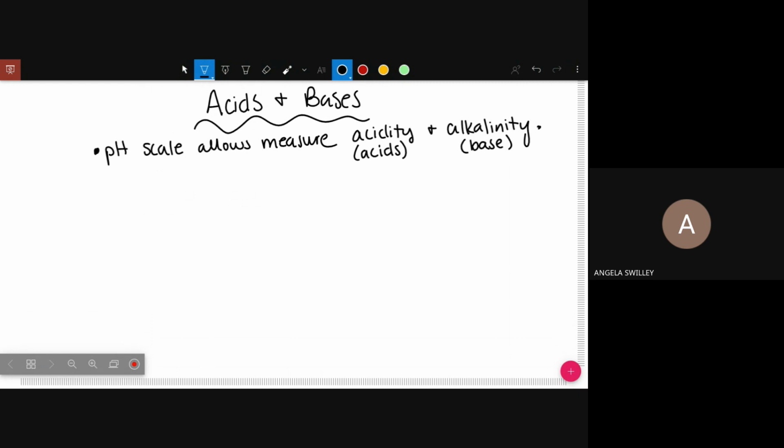You need to be familiar with the word alkaline, alkalinity, just in case you see it, because it does represent a base. So just know that alkaline means the same thing as basic or a base. Now, there are two indicators, actually, no, I'm going to change that to 3 indicators that we can use to tell us if something is an acid or base.